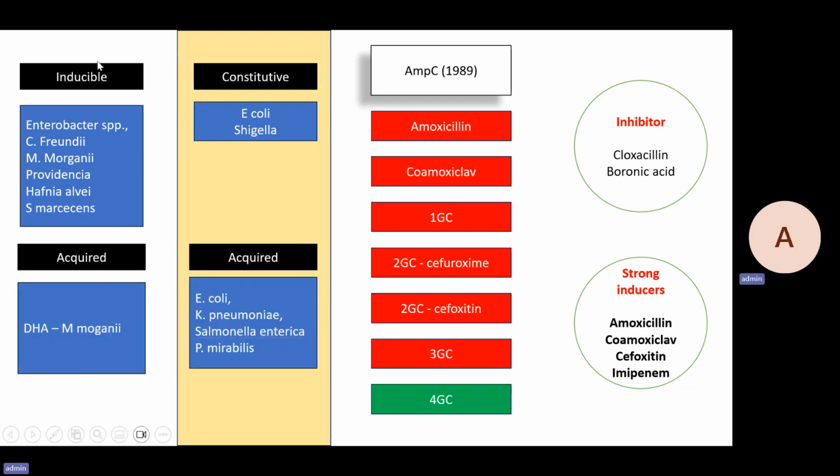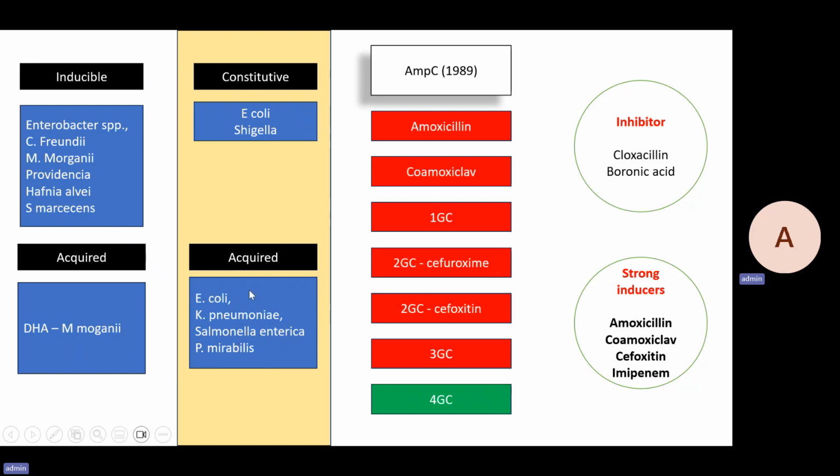Now these are in their chromosomes. These AmpCs are in the bacterial chromosome, but AmpC can also exist on plasmids, and sometimes this plasmid-related AmpC can be acquired by bacteria. We have found these acquired plasmids are usually seen in bacteria like E. coli, Klebsiella, Salmonella enterica, Proteus mirabilis, and also Morganella morganii.